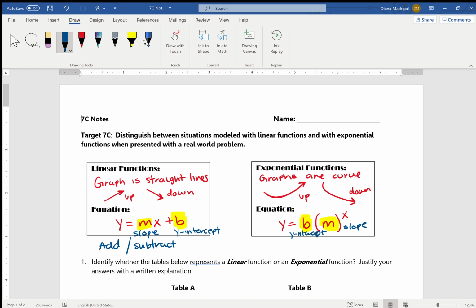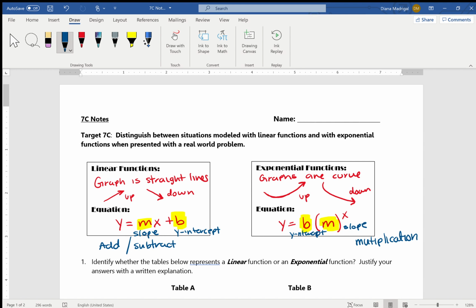What's different is the slope, because again, linear is add or subtract, and for exponential, the slope is actually multiplying. For exponentials, it can only be multiplication. For linear, again, it could be adding or subtracting.